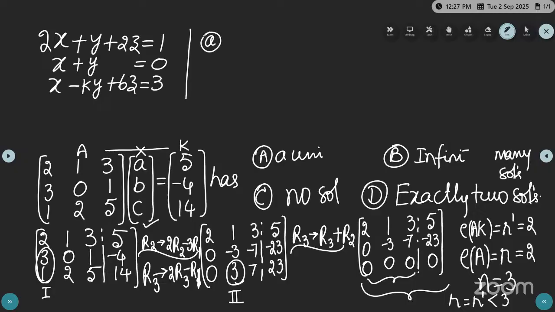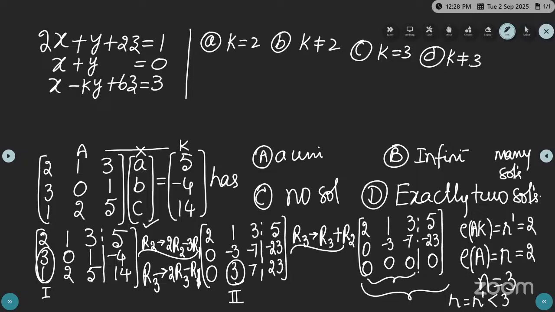I'm giving you the options. k equal to 2, k not equal to 2, k equal to 3, k not equal to 3. Yes, do it quick.